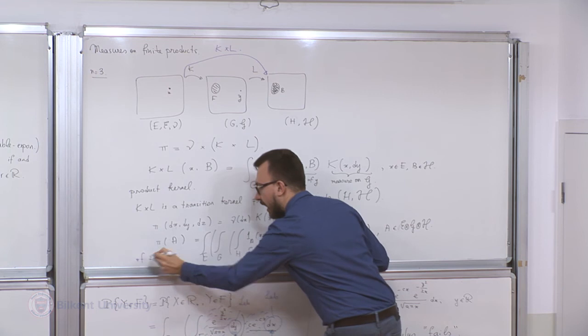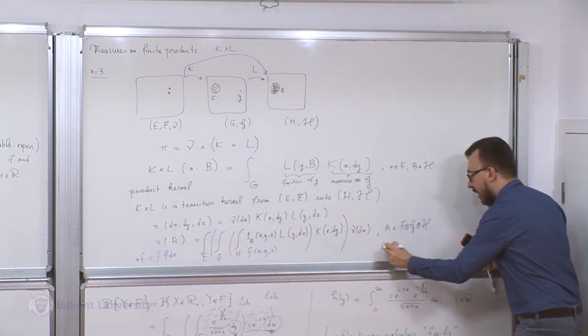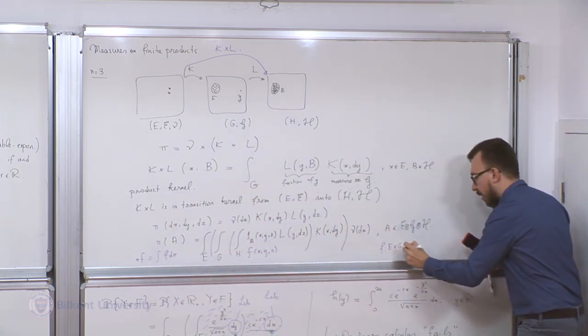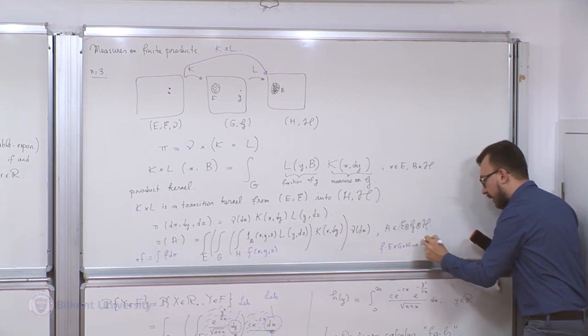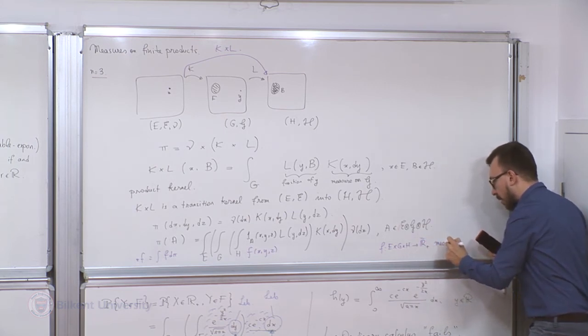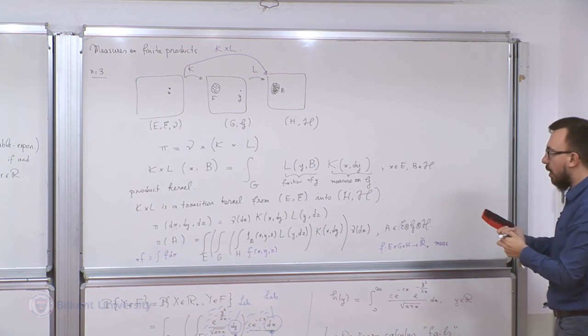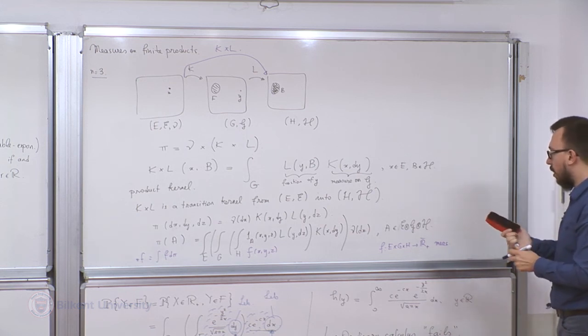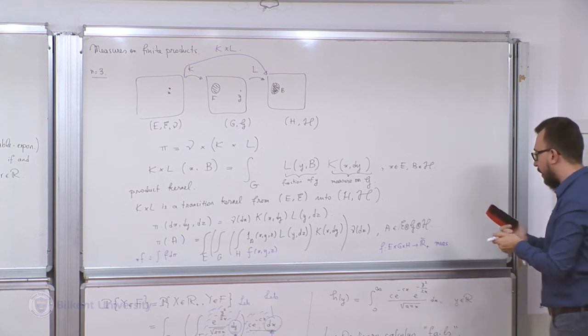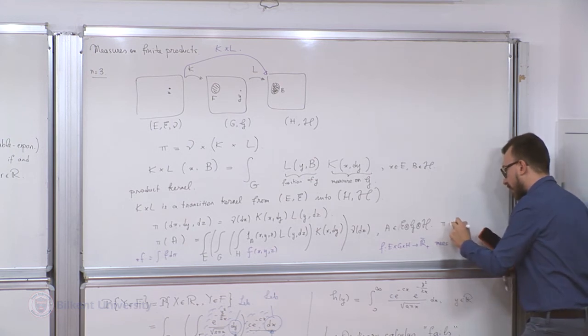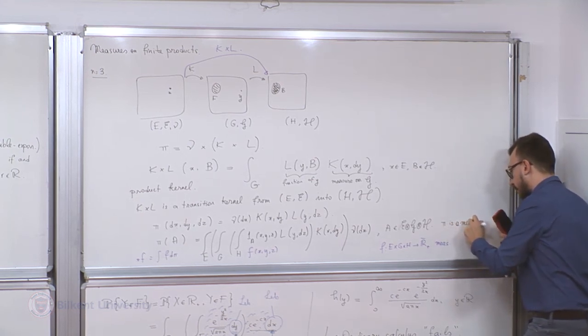Sometimes we write it as pi F, right? Where F is positive measurable. So this pi is a measure.